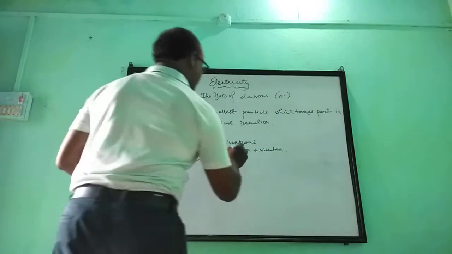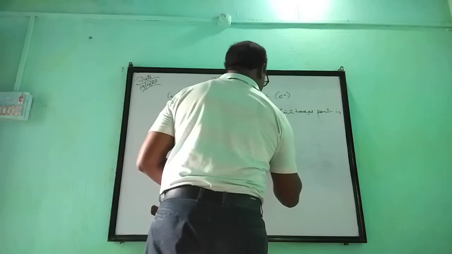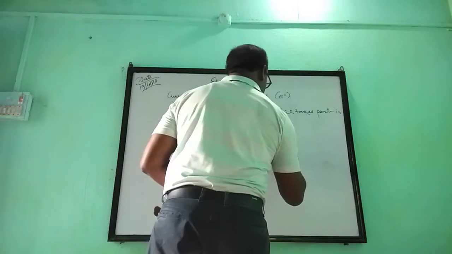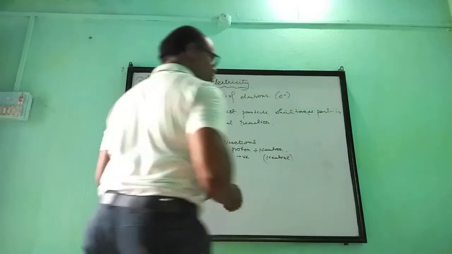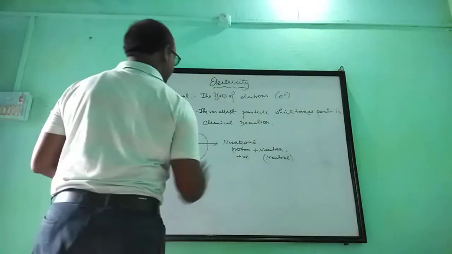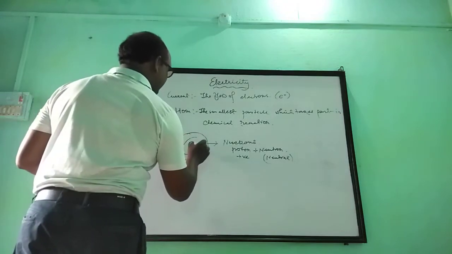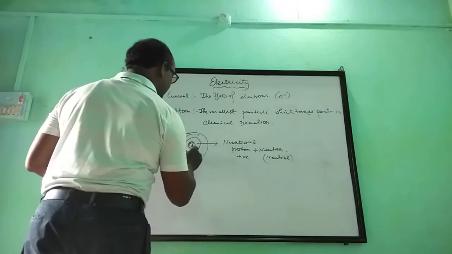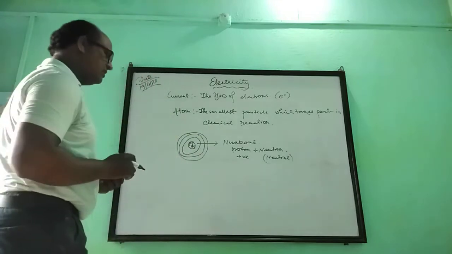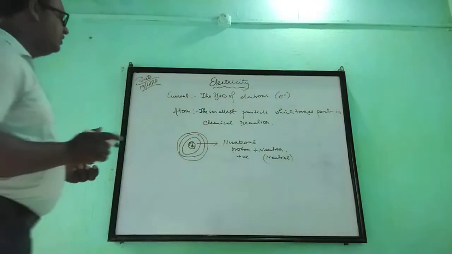Proton is positive charged particle and neutron is neutral. That means neutron has no charge. And these are the cells in which electrons move.